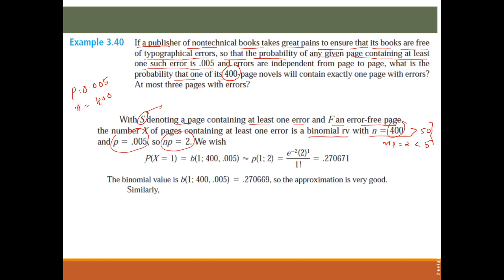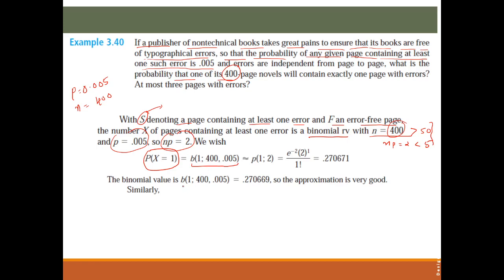So first thing is we have to find the probability of x equal to 1, that means the number of pages that contain error is 1. Then we can use either binomial distribution or Poisson distribution. So if we are using binomial, b(1; 400, 0.005).